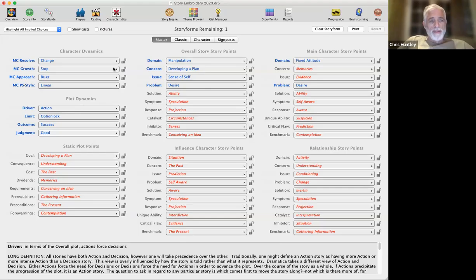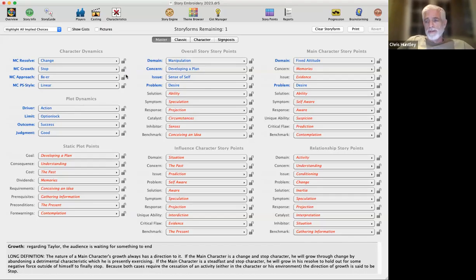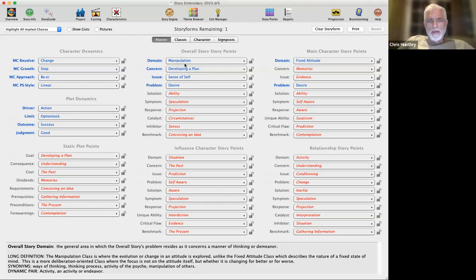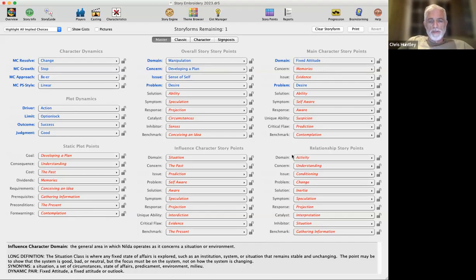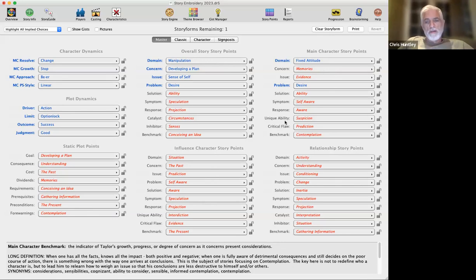In fact, other than having a male main character, which is not unusual, it's an overall story that's in manipulation or psychology. The main character is in fixed attitude, the influence character is situation, and the relationship is an activity. So I think it should be pretty fun.